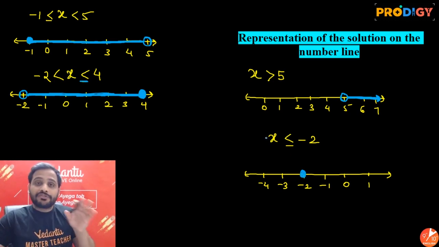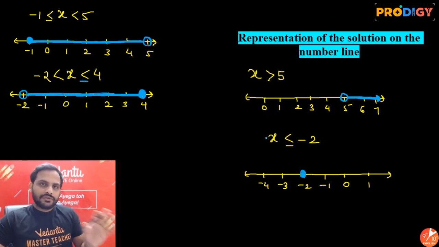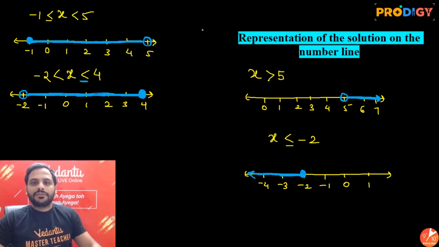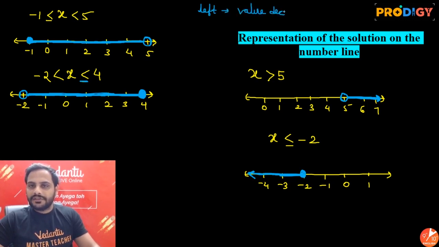Now I want x to be less than or equal to minus 2. For less than, I know I have to go towards the left hand side direction. On the number line, if you go towards left, value decreases, and if you go towards right, value increases.